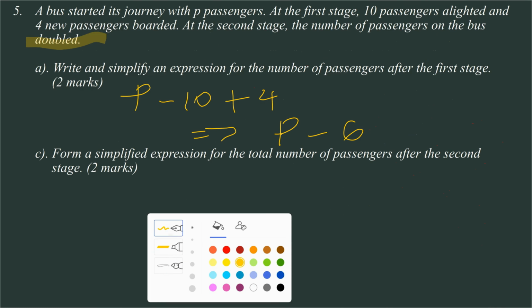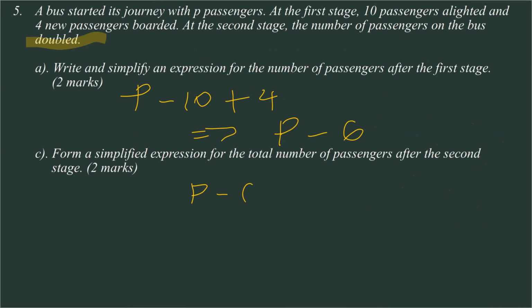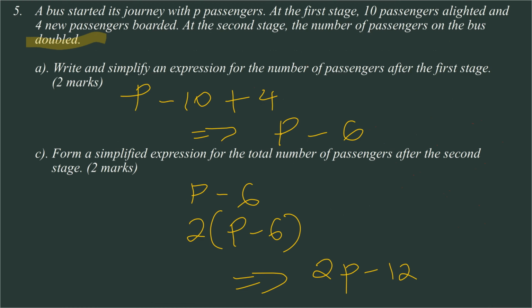When the number doubles, we multiply by 2. Our number from the first stage was B minus 6, and at the second stage it's going to double, so we multiply by 2. Opening the brackets, that will be 2B minus 12.